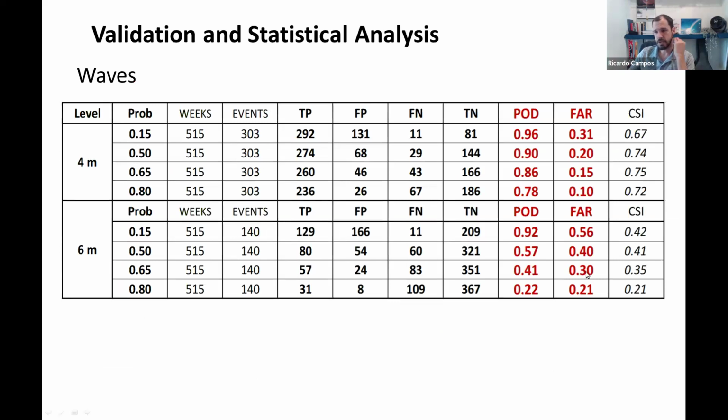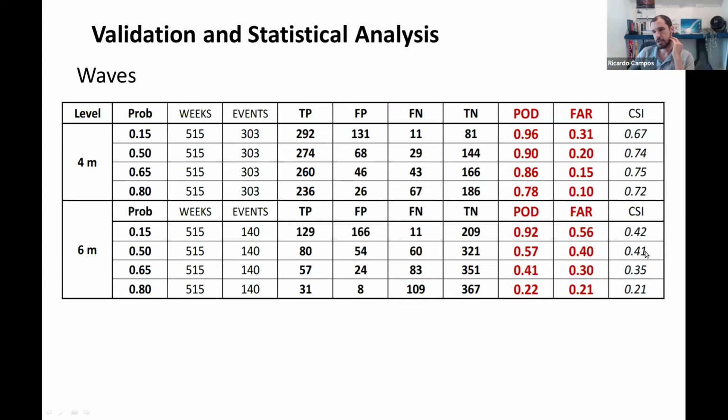And the most challenging condition actually is occurring as we move to higher values of significant wave height, and also in the binary classification as we use 80% or more. So then the probability of detection will be decreasing, and the false alarm ratio will be very high.